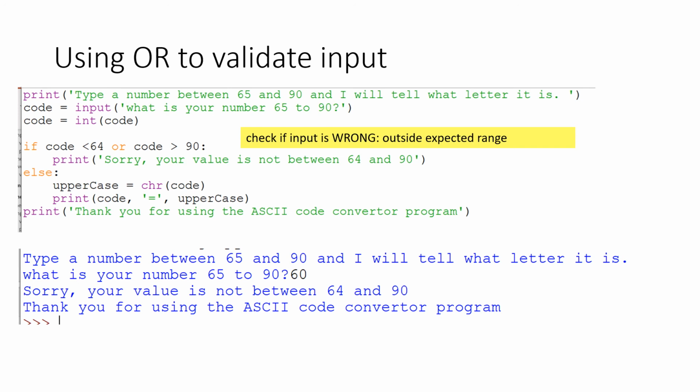But notice that rather than check first if it is within the range, I want to check if it is outside the range. So a lot of times you may want to change the order of your code, because once the first one is true, the second one doesn't execute. So you normally code first the one that is more likely to happen.